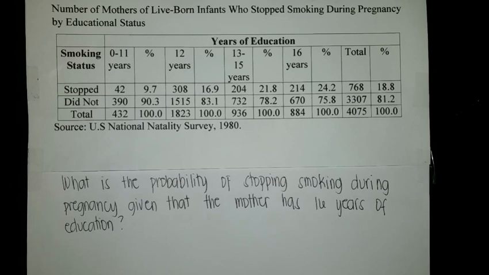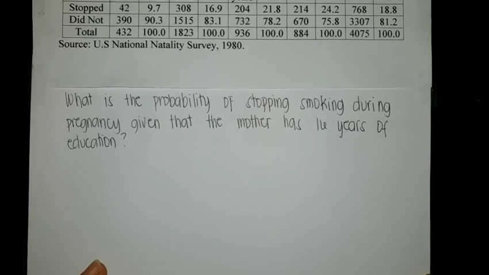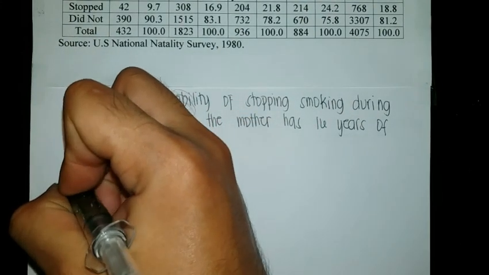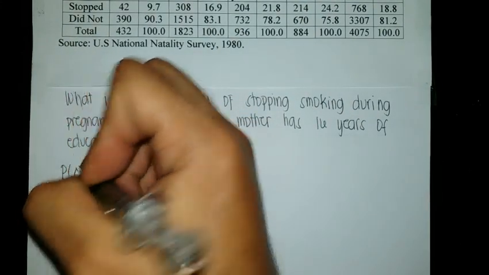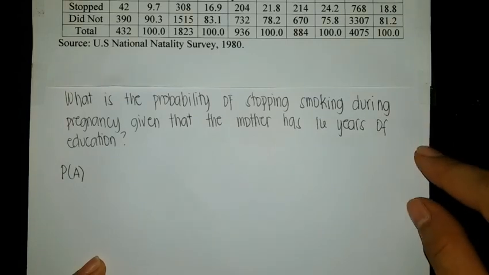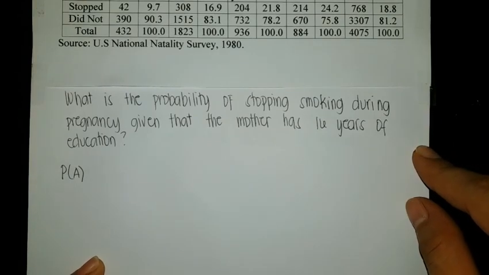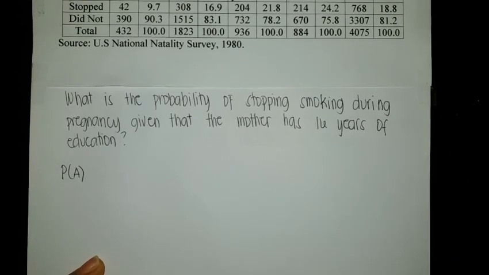So let us find its probability. The probability of event A, as we have learned last time, will be the ratio of the favorable outcomes and the possible outcomes.